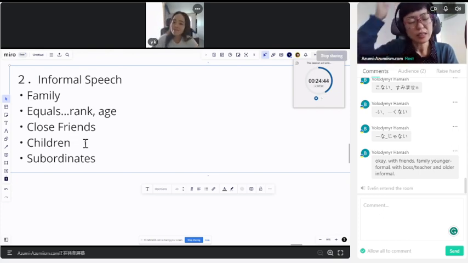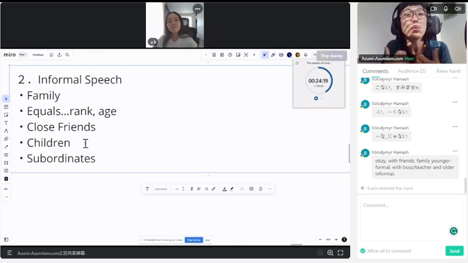I think children's social area is really narrow, because their community is basically either school or the house, like family. They have no occasion to use formal speech, so we assume they do not know formal speech much. That's why we speak in what they can understand, which is informal speech.